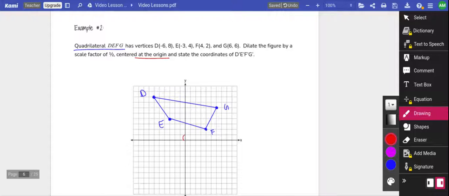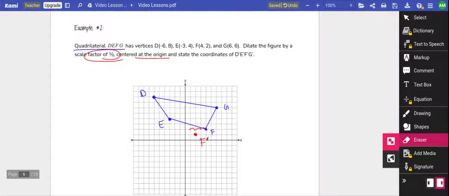So to go to F, I would go up 2 and right 4. But I don't want to go all the way to F because my scale factor is 1/2, so I only want to go half as far. So instead of going up 2 and right 4, I would go up 1 and right 2 from my center, and that is F prime.